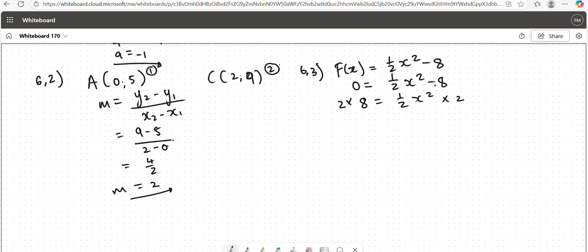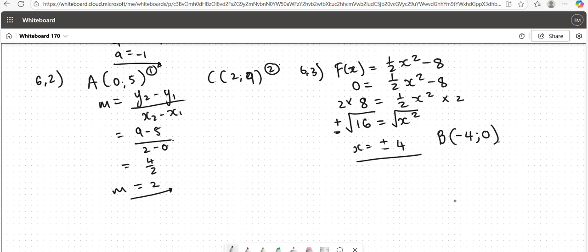Or another way to think about it is you're dividing by a half on both sides, which should still give you 16 is equal to x squared. And again, square rooting gives you positive and negative, so this is plus minus 4. And what does that tell me? It tells me that the coordinates of B are (-4, 0). And there we go.